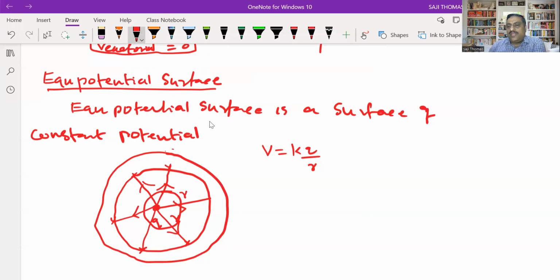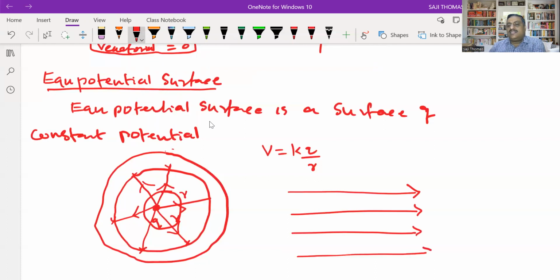Now, I am drawing the equipotential surface for a uniform electric field. How will you draw a uniform electric field? How will you represent it? A uniform electric field is represented by parallel equidistant lines. This is a uniform electric field.